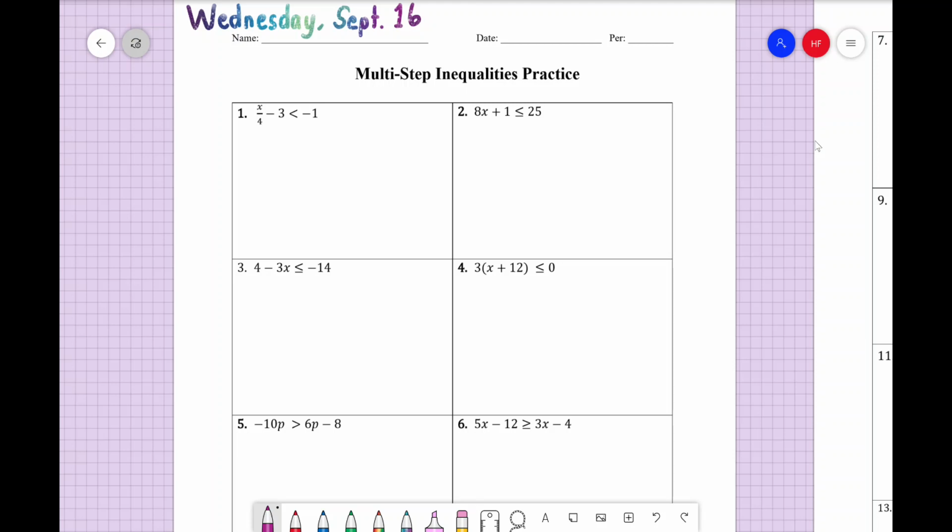So I want to isolate this x. So first thing I want to do is get that constant to the other side. So it leaves me with x over 4 is less than negative 1 plus 3 is 2. And then in order to get rid of this divided by 4, I have to multiply by 4.